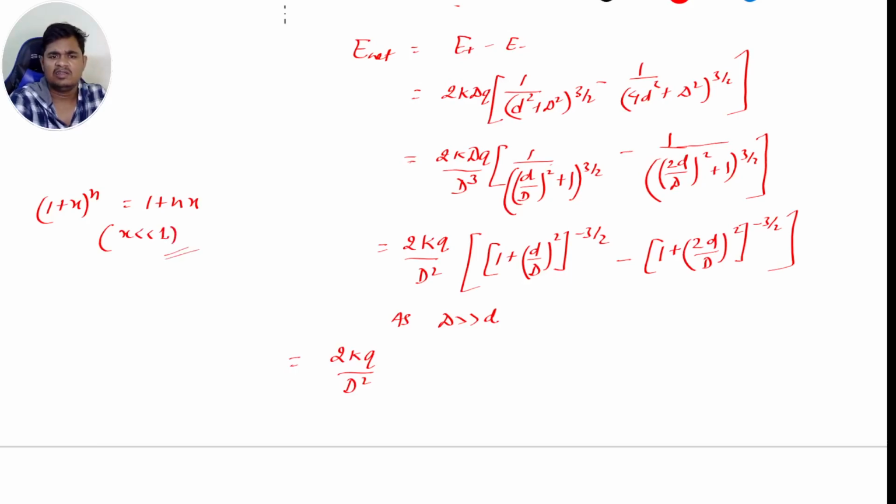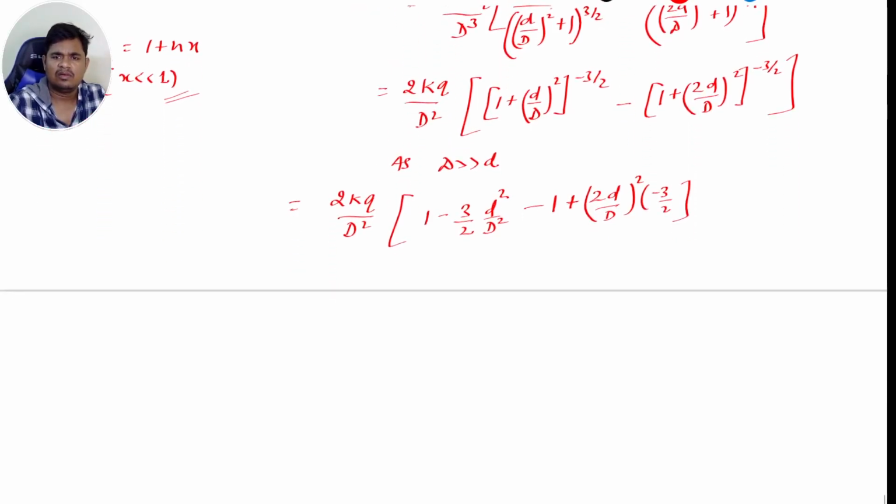So the same condition I am using here, and this will become 1 minus 3 by 2 d square by D square, and here minus of 1 minus 3 by 2 into 2d by D whole square.